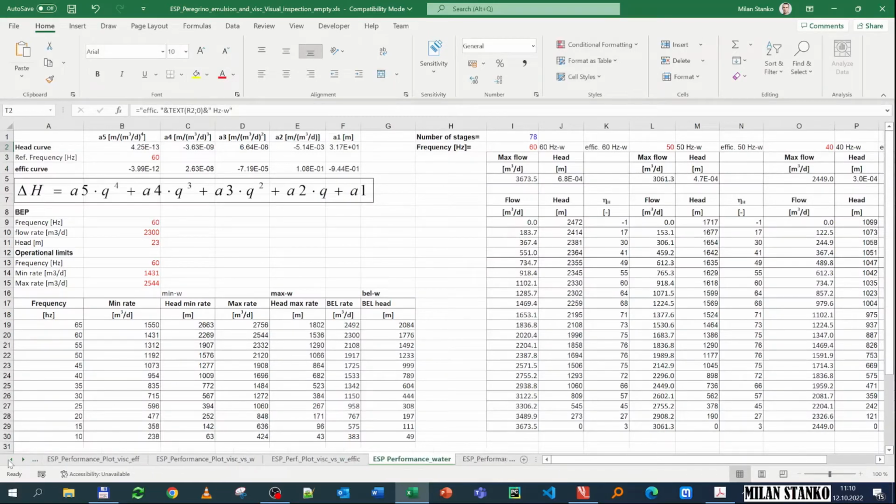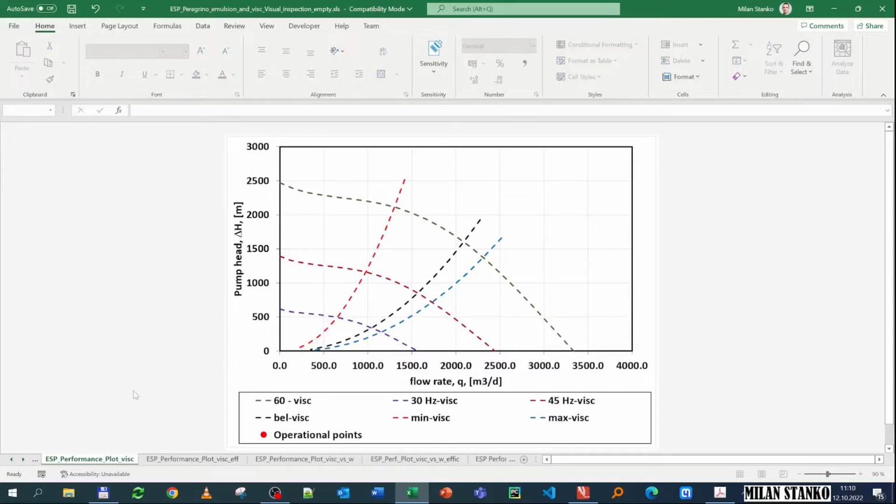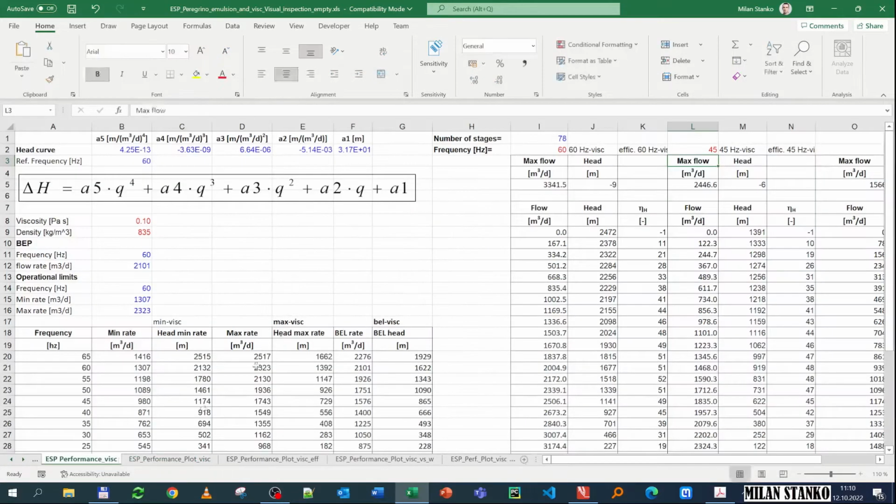Then furthermore, you have the correction with viscosity, which is done not on this chart, but on this chart. You have the same coefficients of the head curve that are for water, and it's programmed here in this sheet, the procedure from the Hydraulic Institute to correct the curves for viscosity.